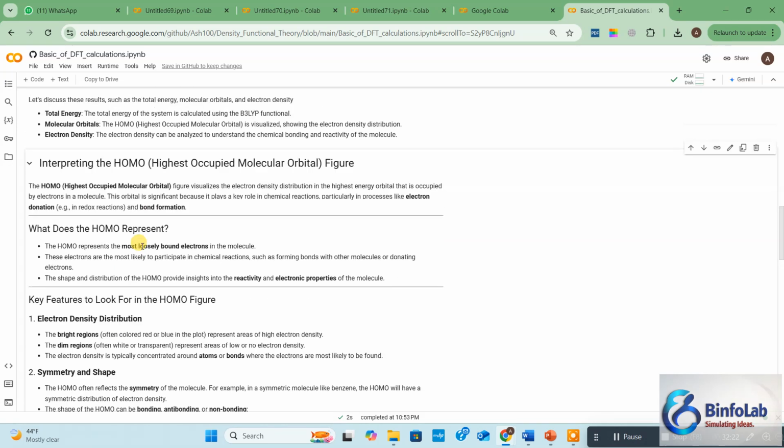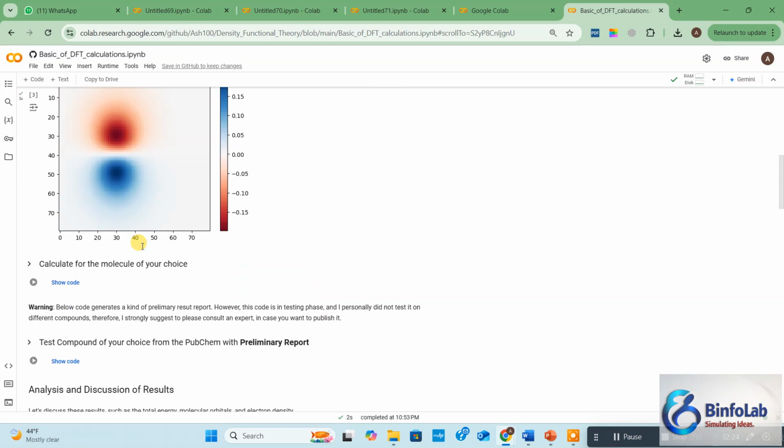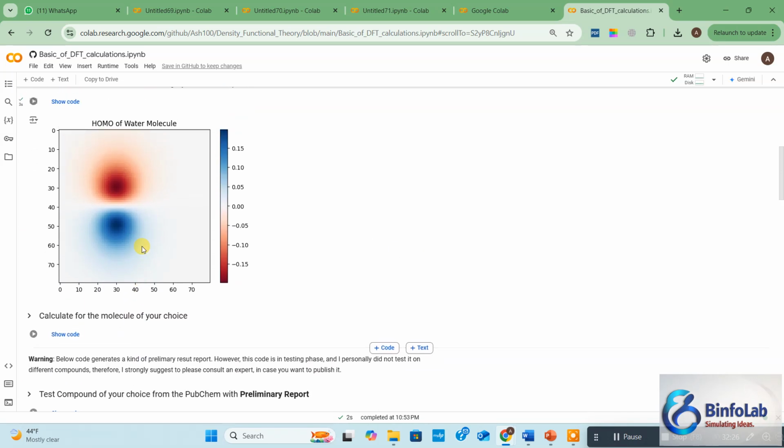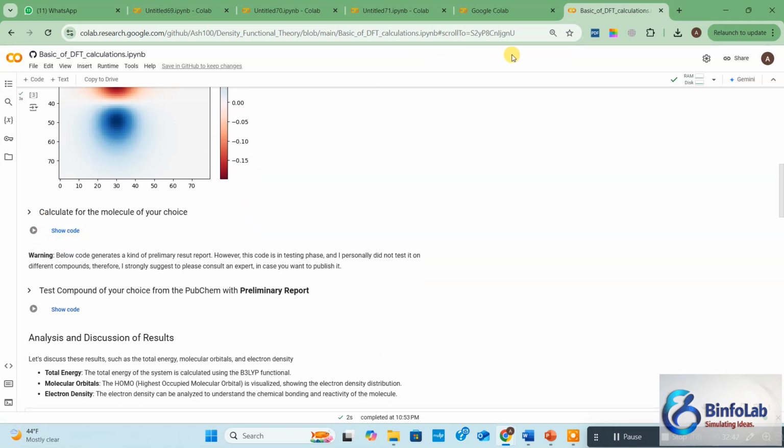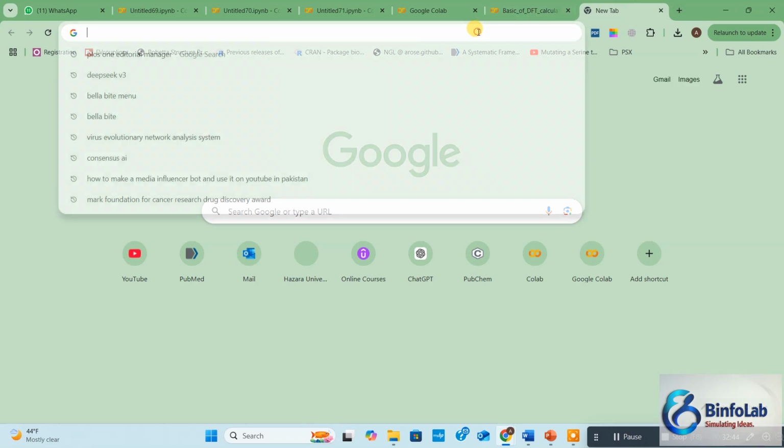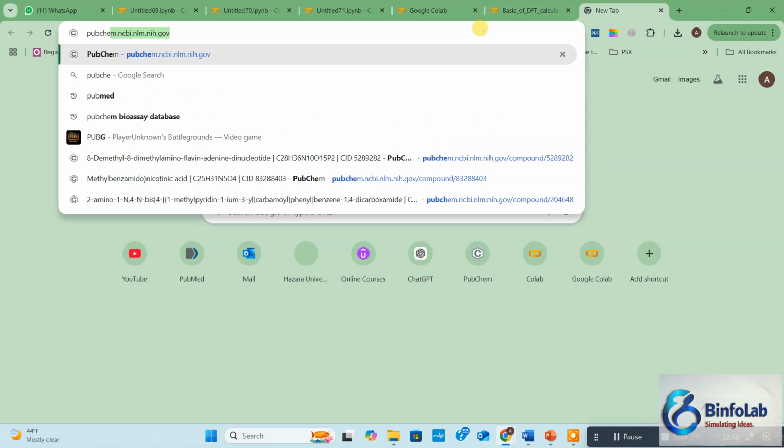Okay, so now we come to understand this was just ready-made, I used water in this analysis. So now I'm trying to use any other molecule. For the sake of that, I'm going to open PubChem.